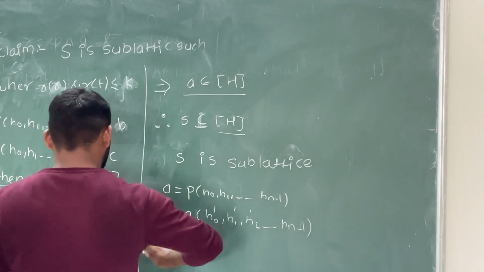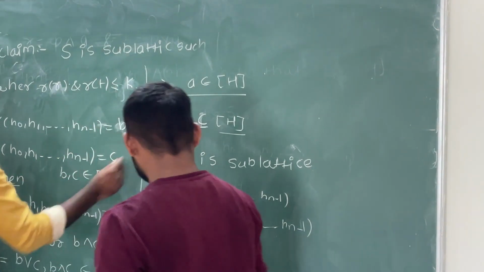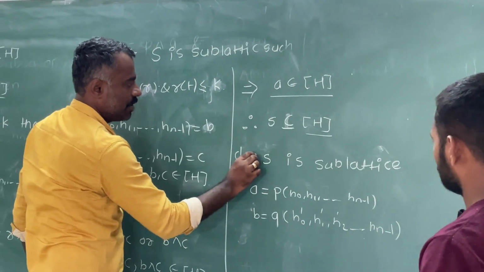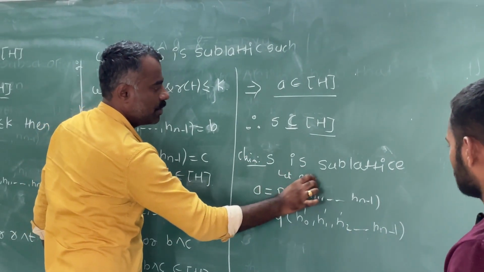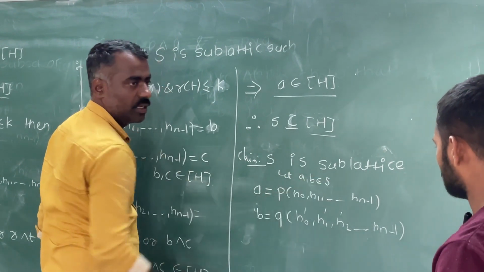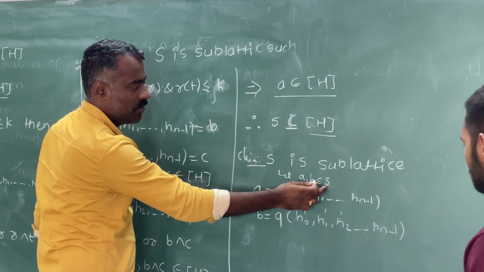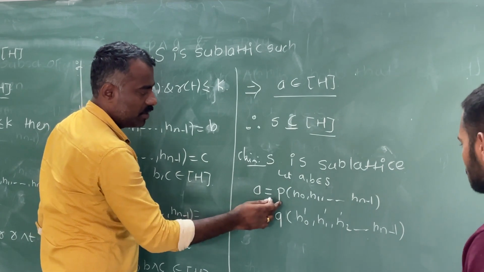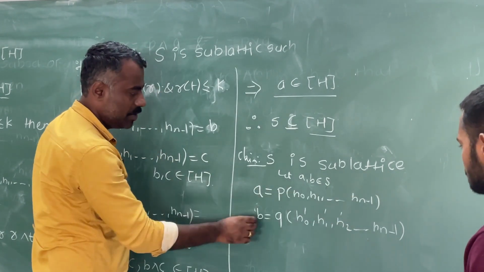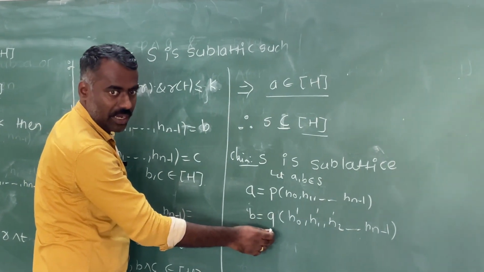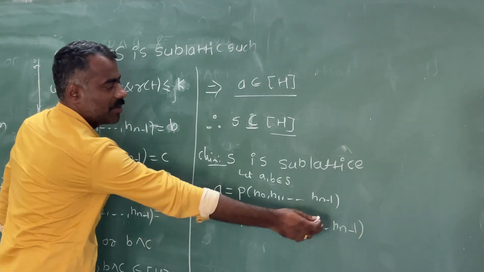This we are proving, so you write here that it is a claim. To prove it is a sublattice, let A, B belong to S. Then by the definition of S, A is some polynomial evaluated at some points. Similarly, B is the value of some polynomial evaluated at some points.